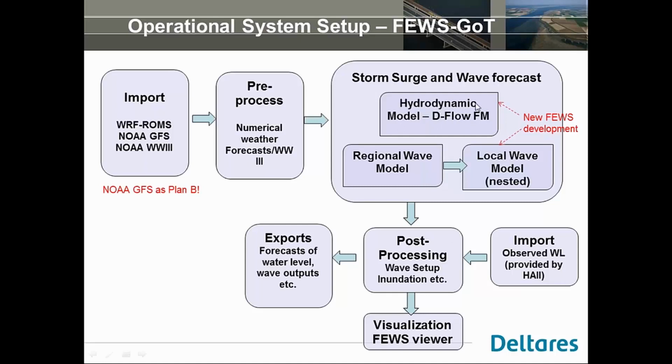The two types of models are simulated at the same time, where the local wave model is nested in the regional wave model. This means that after the simulation of the regional wave model, the boundary condition as wave spectra is forwarded to the local wave model and the local wave model simulation starts.